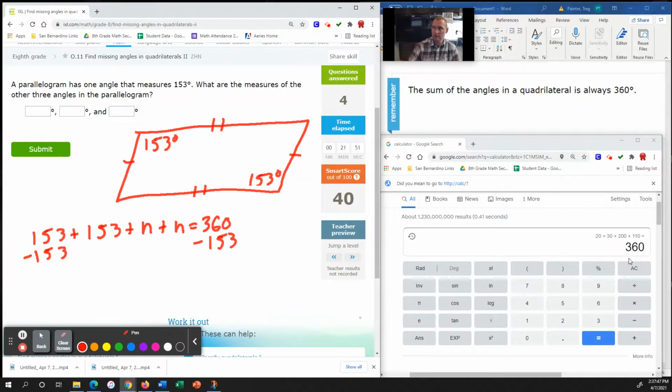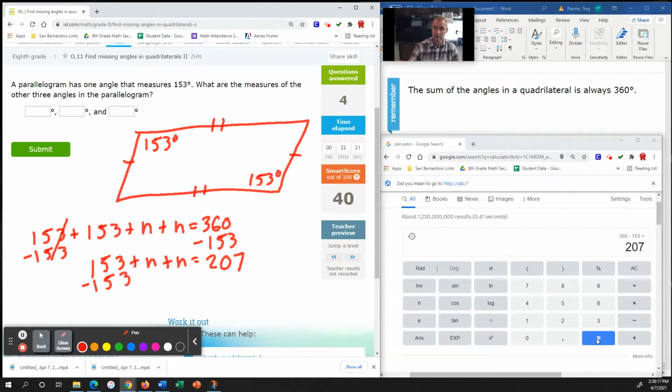All right, so 360, good. Minus 153 is going to take us to 207. So 153 is out. 153 comes down. Plus n equals 207. Well, we still have another 153 left, so let's take that 207, 153 and address it.